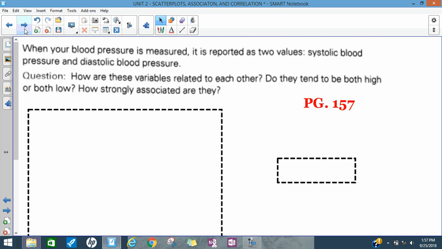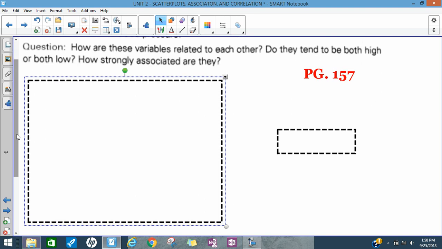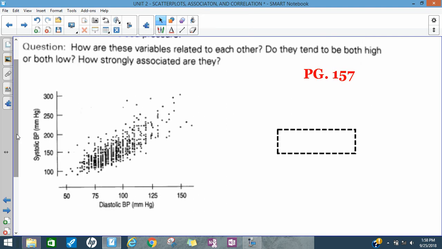We're going to create some scatter plots in class together, but I want to show you an example of one and then talk about its correlation coefficient R. This is on page 157. We're measuring different types of blood pressure, diastolic and systolic. If we want to talk about the correlation, we need to first check the conditions. So we would look at a scatter plot of the data, and they have one for us.